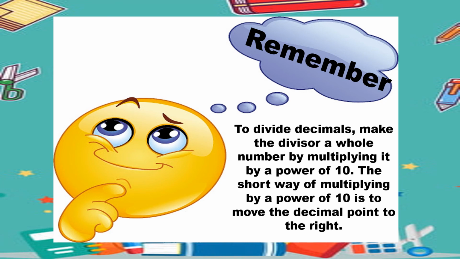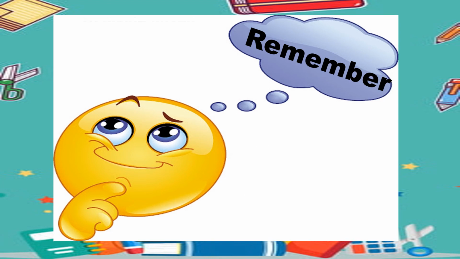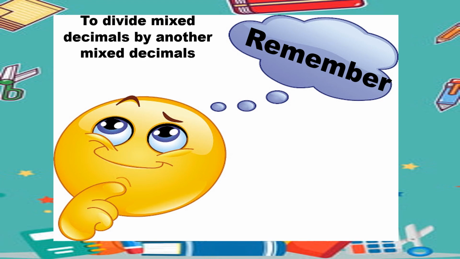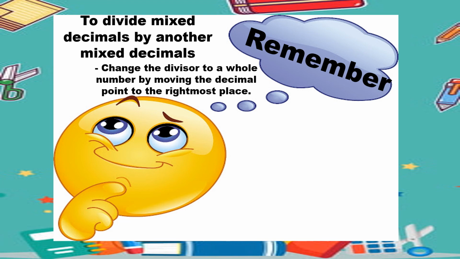To divide decimals, make the divisor a whole number by multiplying it by a power of 10. The short way of multiplying by a power of 10 is to move the decimal point to the right. To divide mixed decimals by another mixed decimals, change the divisor to a whole number by moving the decimal point to the rightmost part.